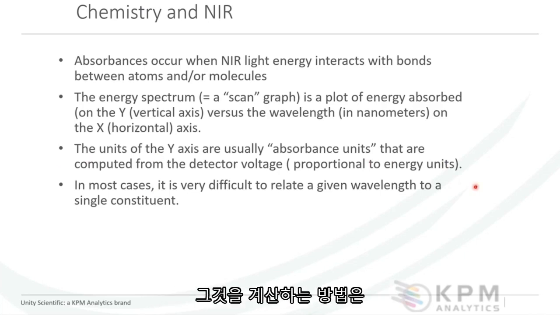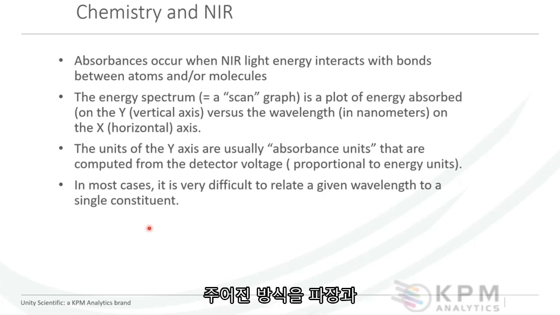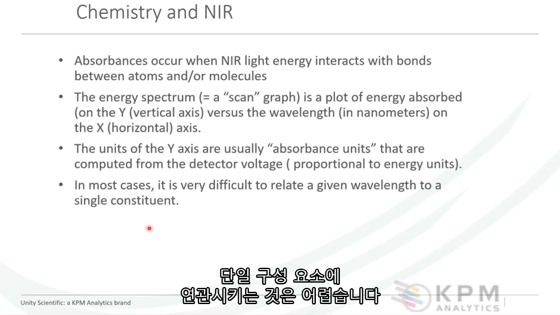We'll show how to calculate that in a second. And on the x-axis, we will see all the wavelengths. For our instruments, our scanning monochromators, we collect a full spectrum of information. And in most cases, unless you're really good at this, it's really difficult to relate a given wavelength to a single constituent.